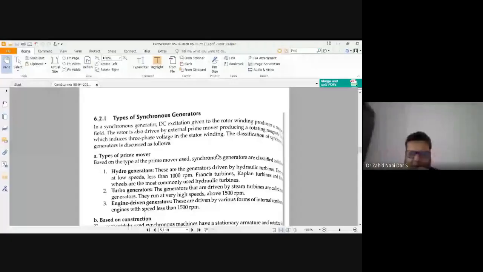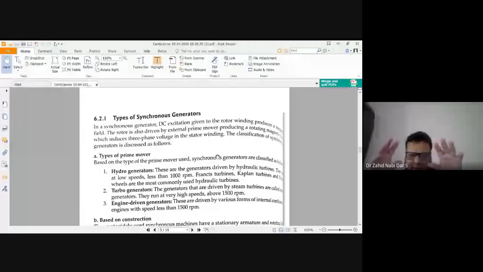A low speed synchronous generator is called a hydro generator. In power systems you have also studied the different types of turbines employed for hydro generators: the Francis turbine, the Kaplan turbine, and the Pelton.